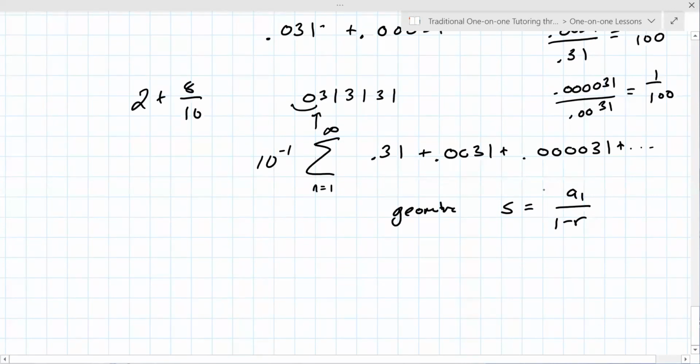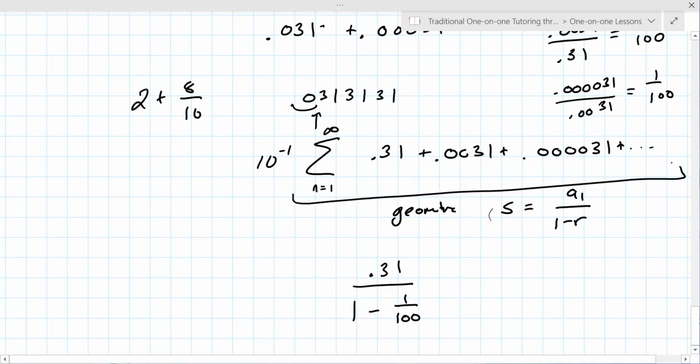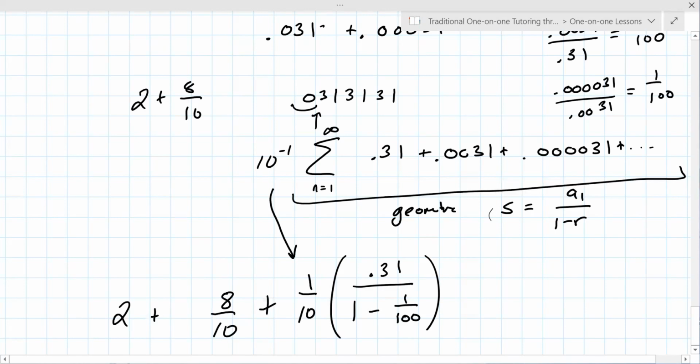So your r is 1/100, and a1 is your first term, so it's 0.31 over 1 minus 1/100. And that's all of the sigma. You still have to multiply by this 10 to the minus 1, which is really 1/10, and add 2 plus 8/10, plus that.